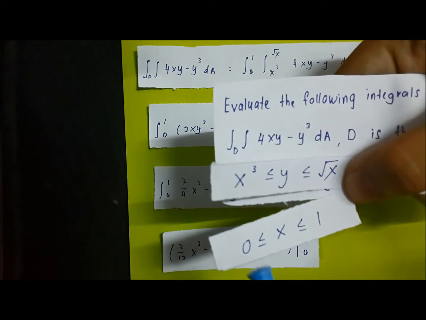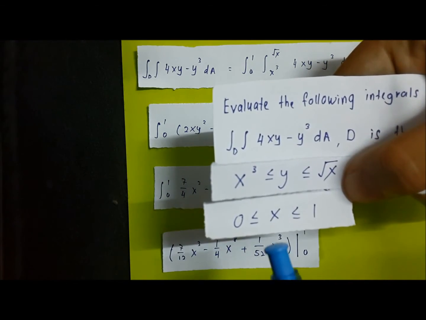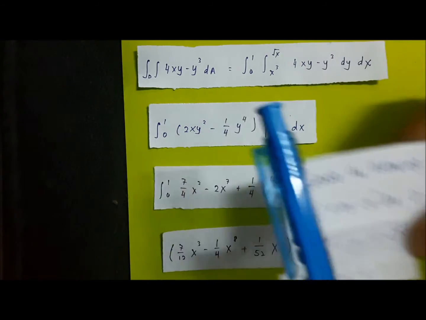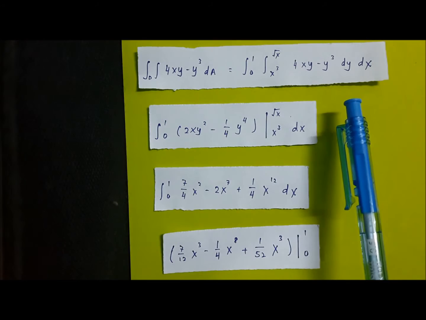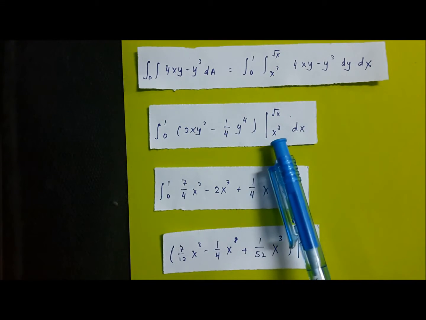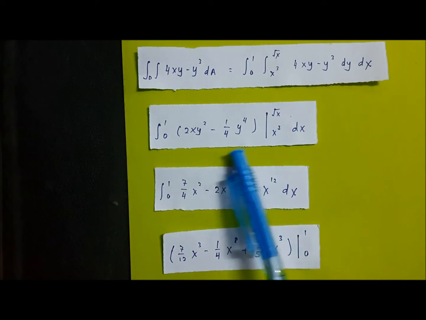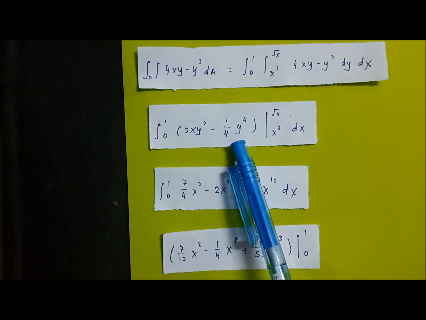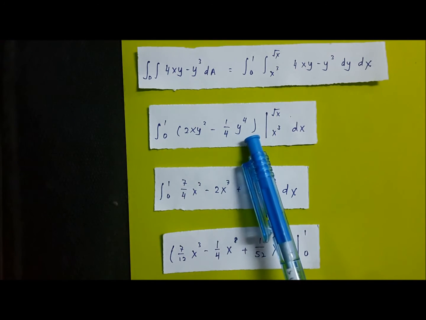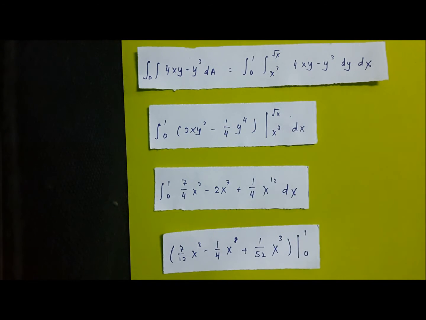Then we insert the inequalities into the question. After that, we integrate with respect to dy and we get 2xy squared minus 1 over 4 y to the power of 4, and we substitute the value of the limit.